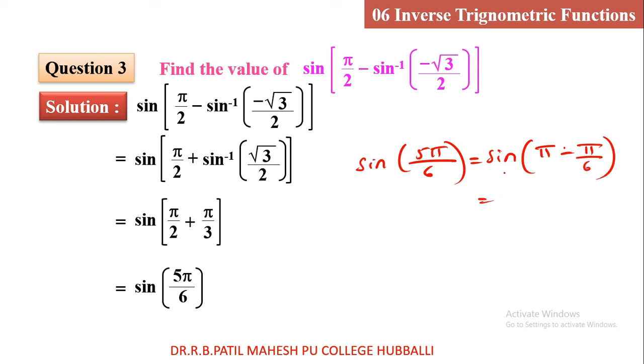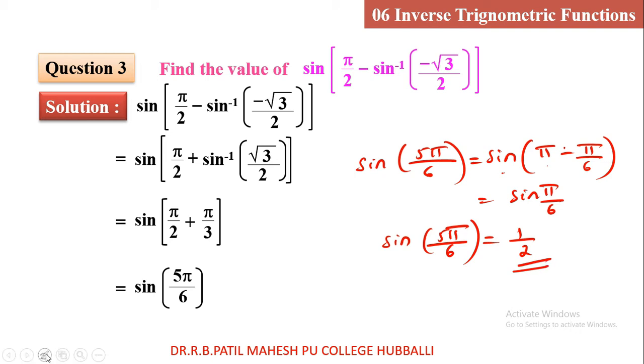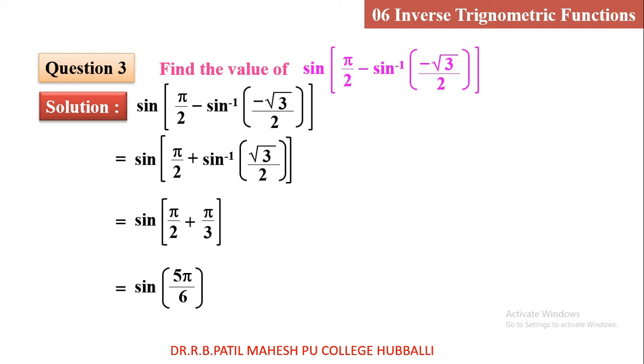So sine of 180 minus theta will be sine theta. So that will be sine pi by 6. So sine pi by 6 value is 1 by 2. Remember directly, or you can simplify like this also. That is, sine of 5 pi by 6 is 1 by 2.